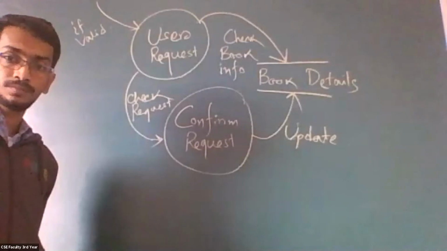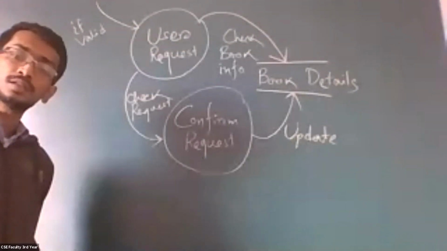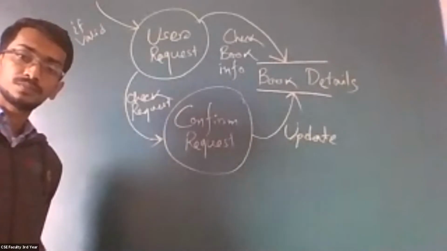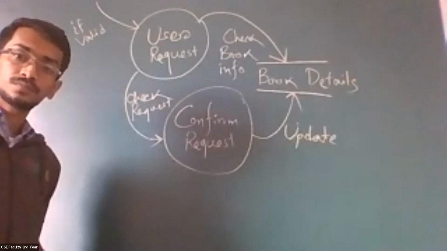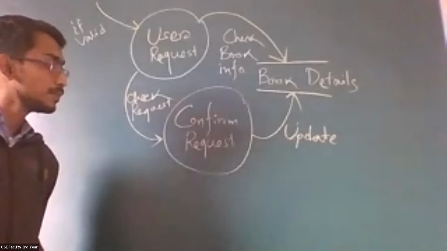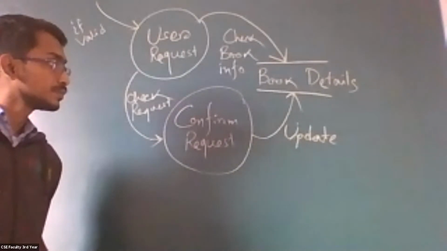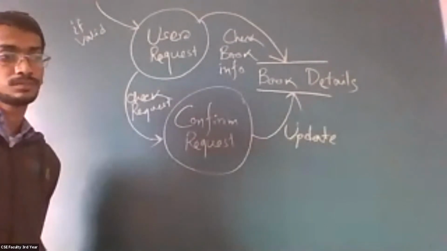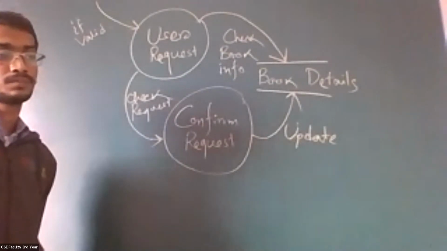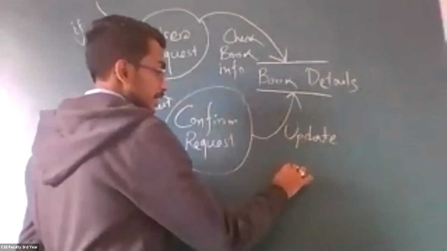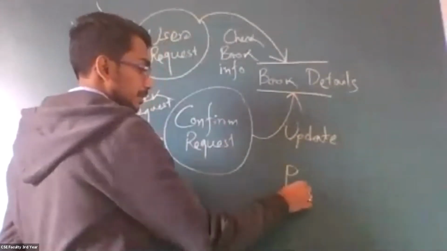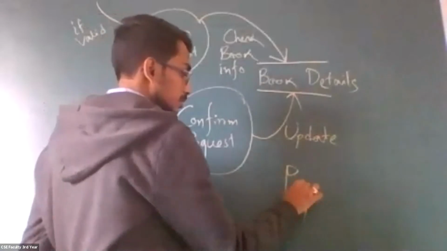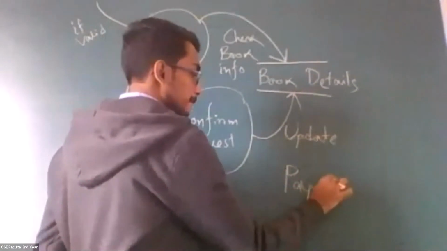So one process can be fine calculation, or we can write a process payment. So I'm adding a process like payment. It is payment.